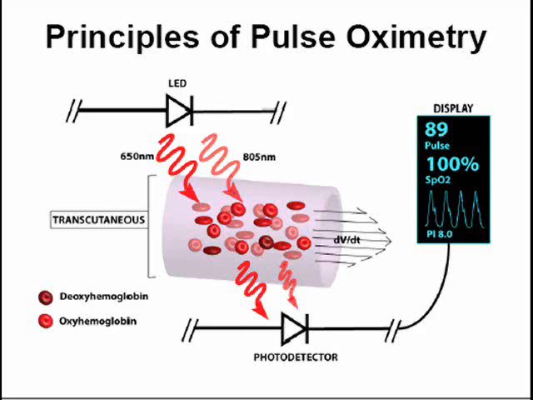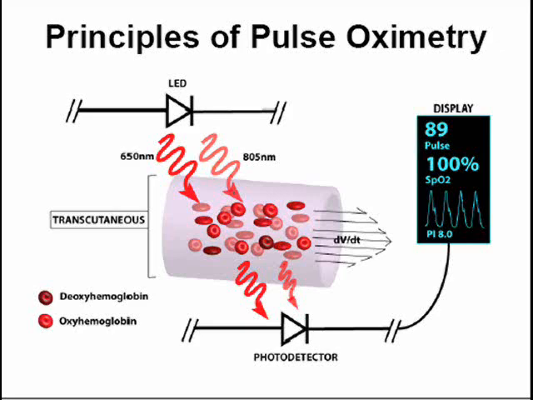So here are the principles of pulse oximetry. You have an LED, which emits a red and infrared light. This is passed through an area of the patient's body that is thin and readily accessible for their blood vessels.